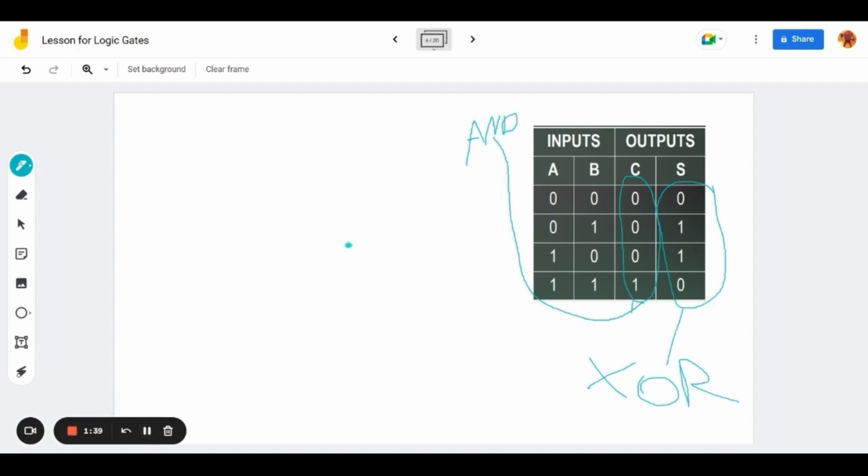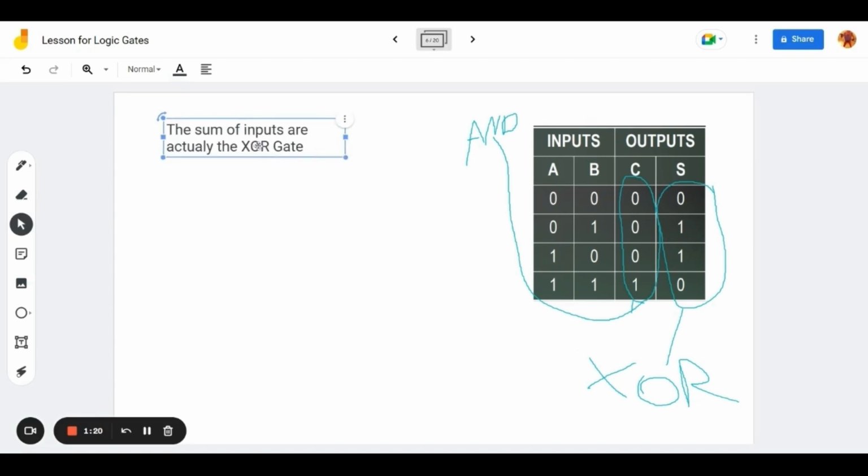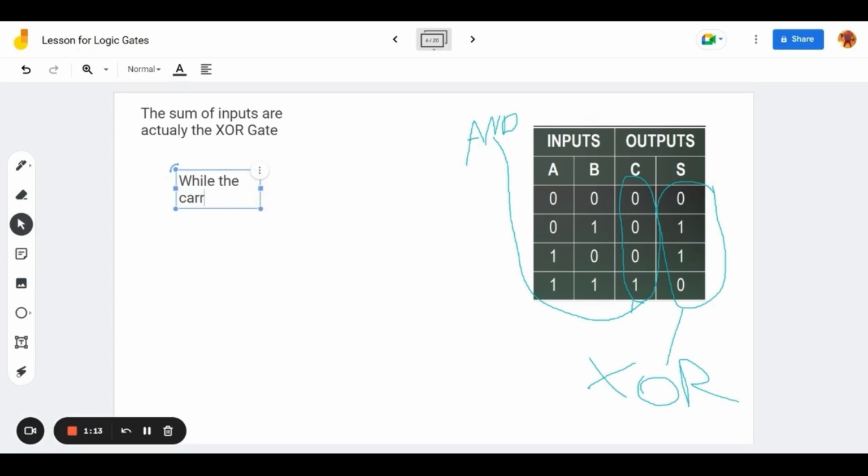So basically, what we can conclude from here is that the sum of the inputs is actually the XOR gate, while the carry of the inputs is actually just the AND gate.